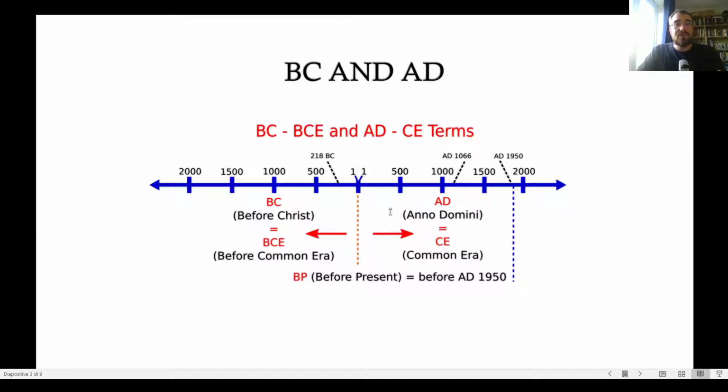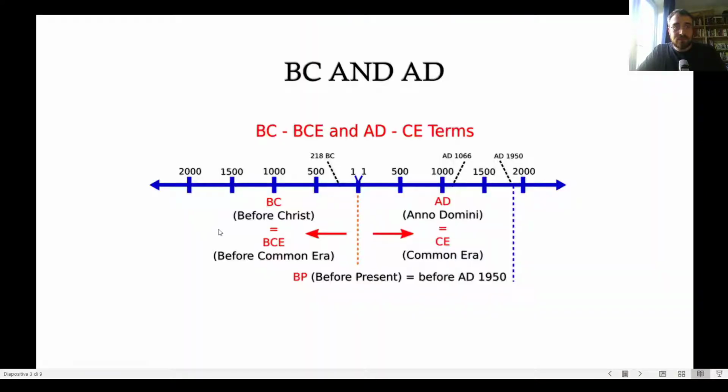We count from the birth of Jesus, which is traditionally the year 1. However, when discussing the many events that took place before Christ, we use BC, which stands for before Christ. And they are counted backwards, as they are further away from year 1. So, the higher a BC date is, the further it is from the birth of Jesus.